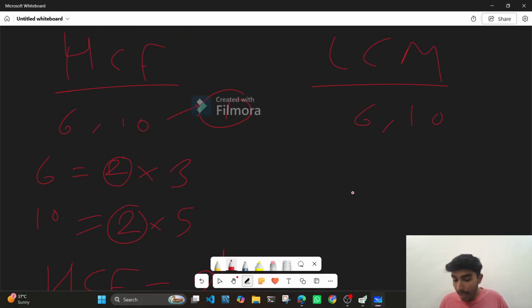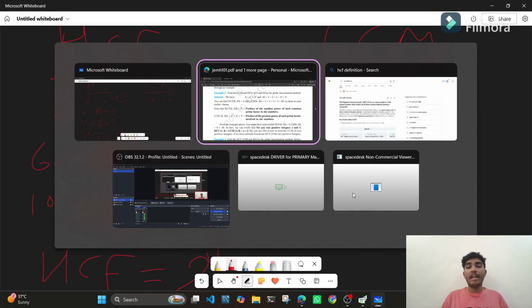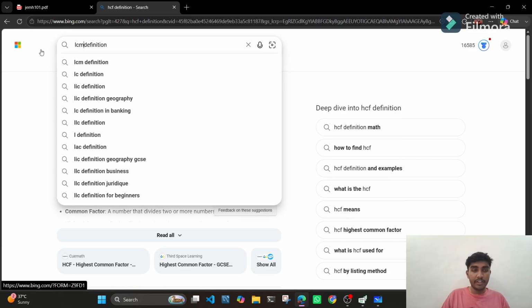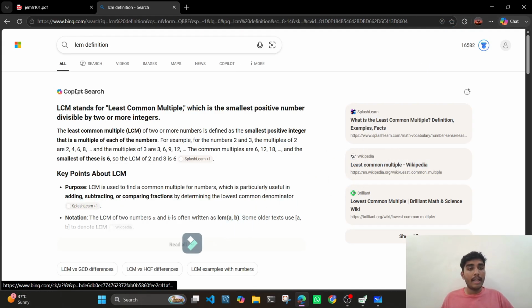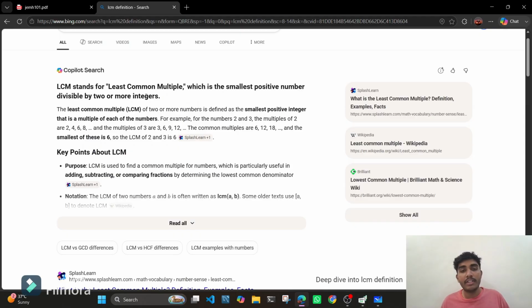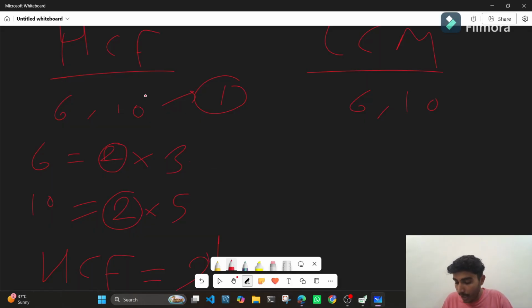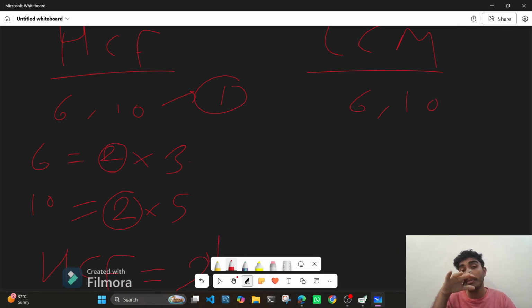Then next up we have LCM. So what is the definition of LCM? LCM stands for least common multiple, which is the smallest positive number that is divisible by two or more integers. So basically, we need to find a number that is divisible by 6 and 10, and that number should be least.